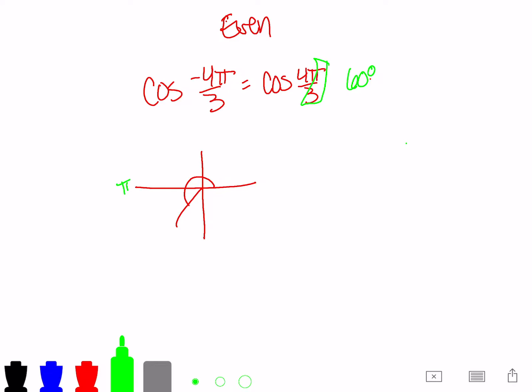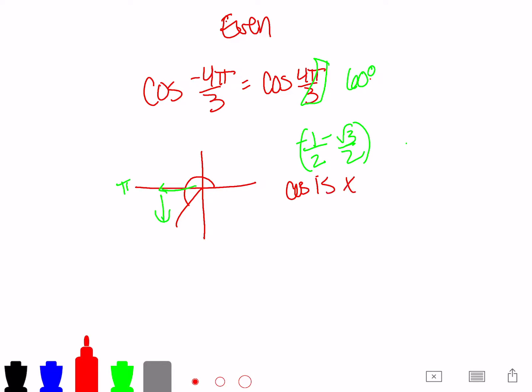It goes down, so you get the square root of 1, which is 1, everything over 2, root 3 over 2. We've gone left and down. Both are negative. We want the cosine. The cosine is the x value. We're not finding the reciprocal, so the cosine of 4 pi thirds, which is the same as the cosine of negative 4 pi thirds, is negative 1/2.